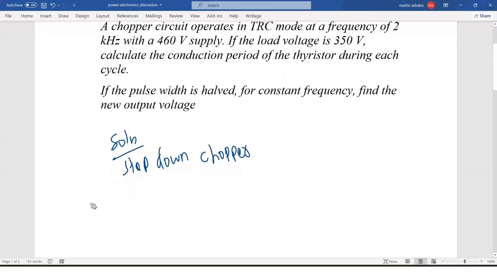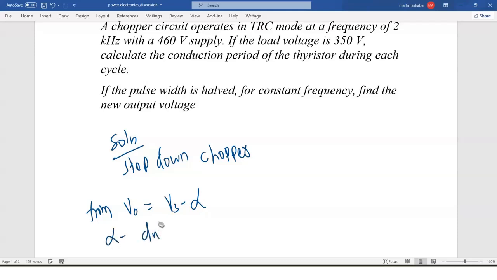We have V naught, which is the DC output of this chopper circuit, equal to Vs times alpha, whereby alpha is the duty cycle.